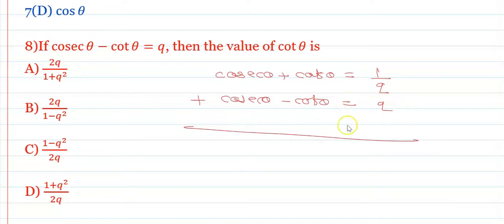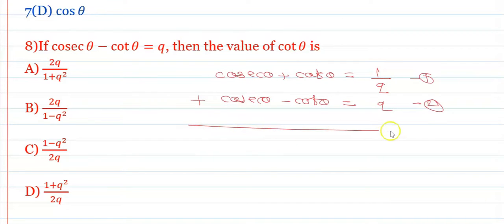If we subtract, that is the first equation minus the second one, plus cosec theta minus cosec theta gets cancelled.